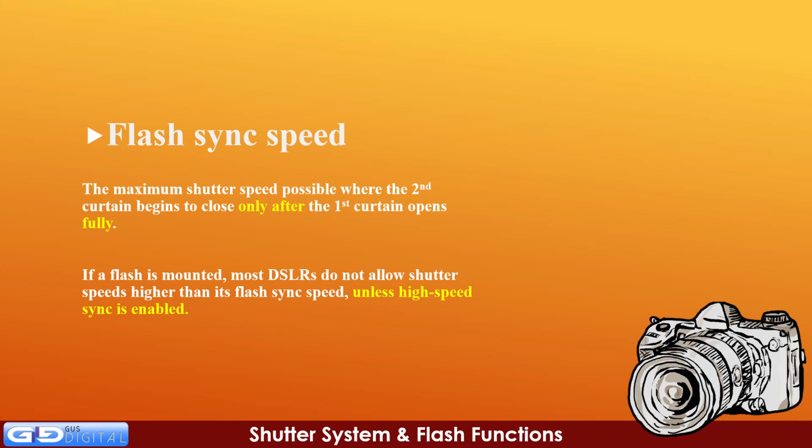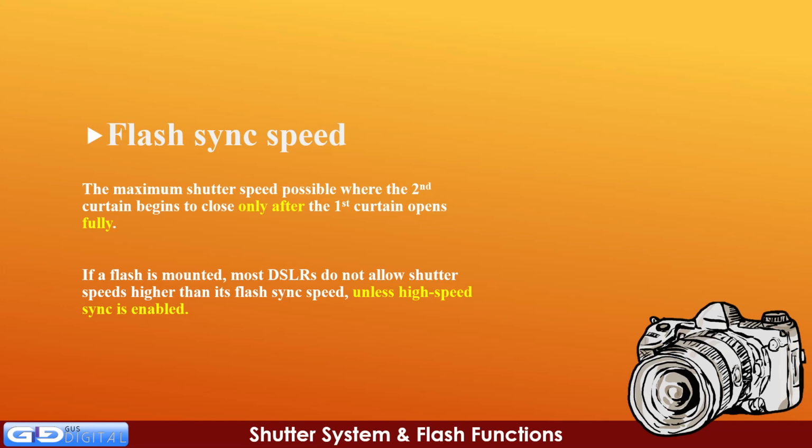It's usually 200th or 250th of a second for most DSLRs. Most modern cameras do not permit the speed dial to go beyond its flash sync speed when a flash is mounted, unless high-speed sync is enabled.